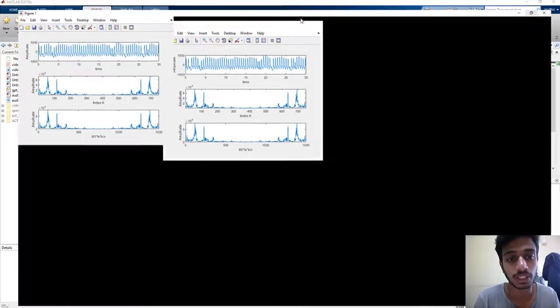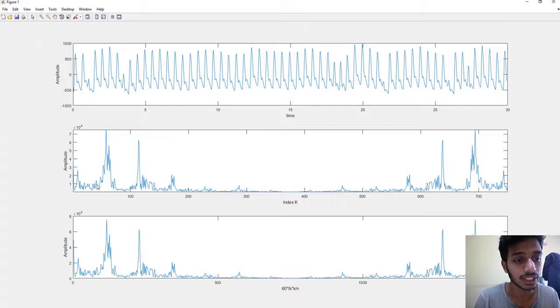So now what we need to do is, this is the index 21. So we need to nullify all the values between 21 and 750 minus 21 in order to extract the respiratory signal in MATLAB. And we need to nullify everything from 0 to 21 and from 750 minus 21 to 750 in order to obtain the PPG signal.